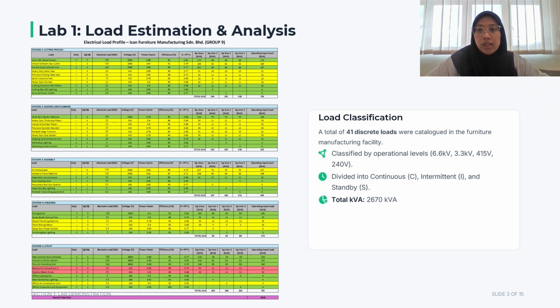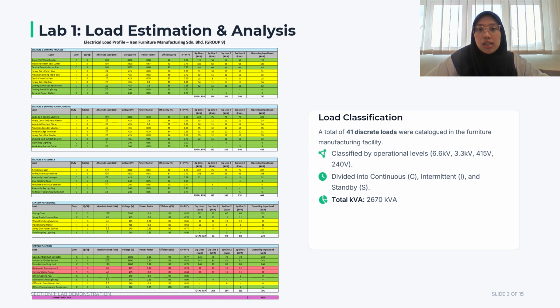In Lab 1, we estimated all electrical loads in the furniture factory. We collected data on 41 pieces of equipment and classified them by voltage level and duty cycle. The table shows the 10 largest loads in the factory. The total connected load is approximately 1,600 kilowatts.